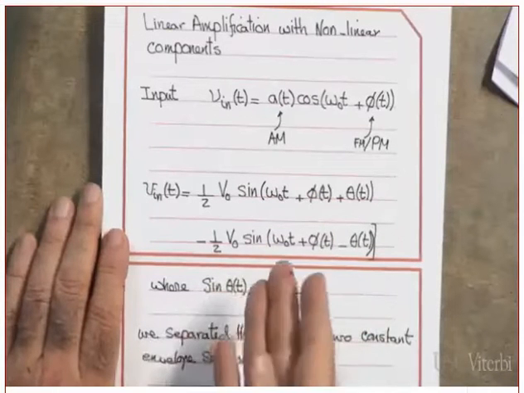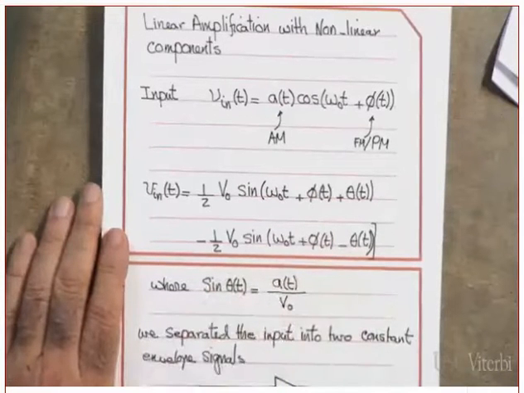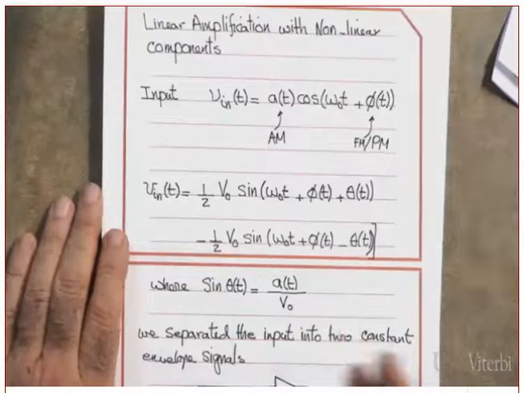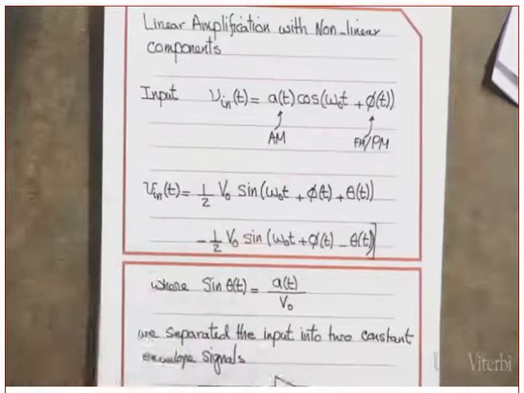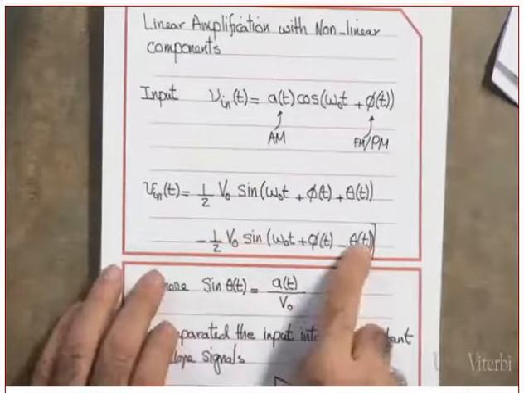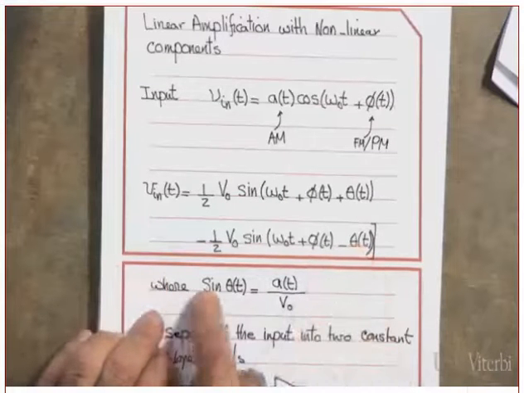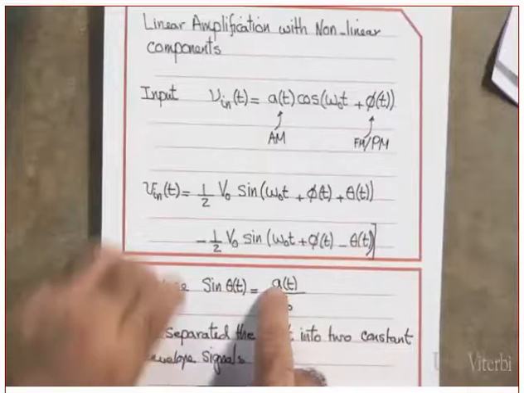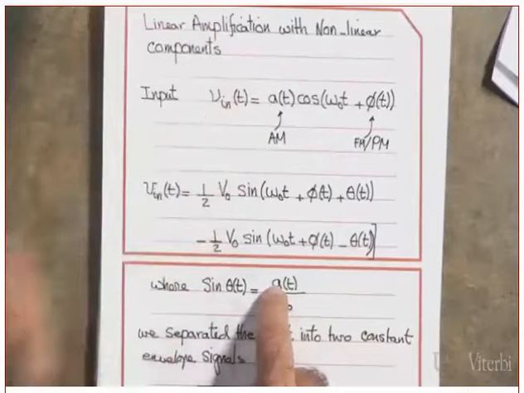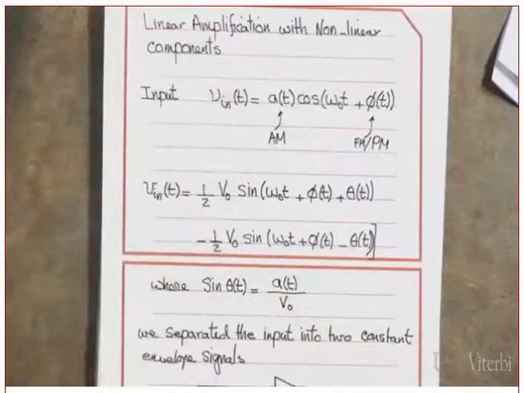Do they have a variable envelope or a constant envelope? The constant envelope. The variation in the amplitude was translated to phase variation, such that sine of theta t is equal to A(t) over this V0 constant. Did you get this or not?